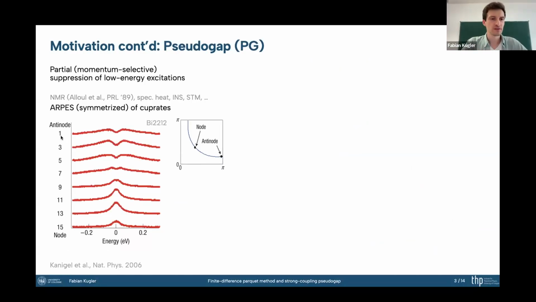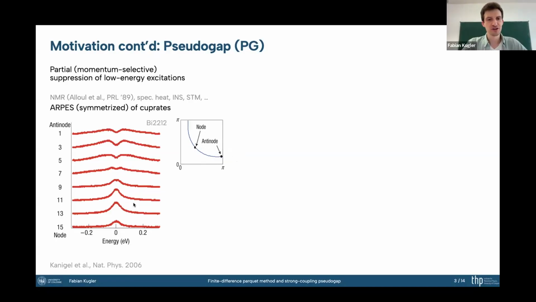So we will be looking at spectral functions for different momenta on the Fermi surface, starting from the antinode, which is at the edge of the Brillouin zone, going towards the node in the middle of this quadrant. And you can see that at the antinode, the spectral weight is suppressed at the Fermi level. This curve actually has a minimum at zero energy. And as we go towards the node, this minimum turns into a maximum, and coherent low energy excitations are restored.